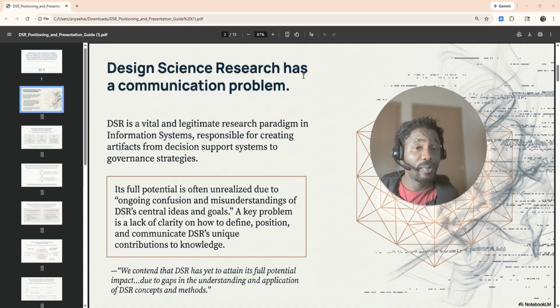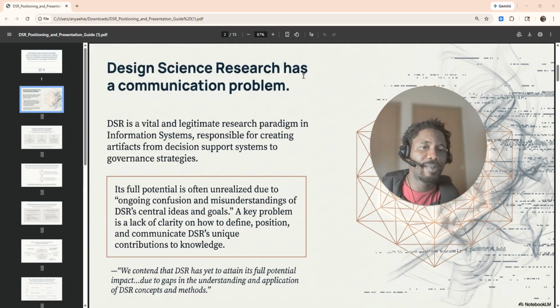Many researchers, even up to now, struggle to explain exactly what their contribution is. Is it your code? Is it the theory? Is it the interface? Because of this confusion, great work often gets misunderstood. Even if you have wonderful work, it often gets misunderstood, and you know what happens?